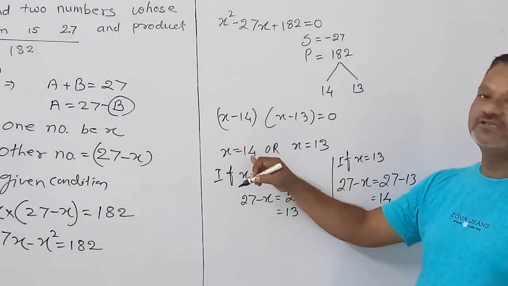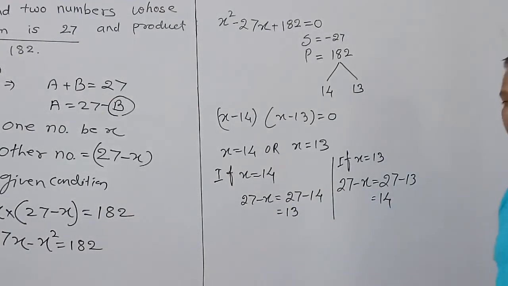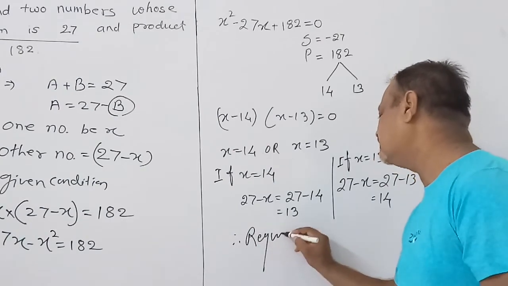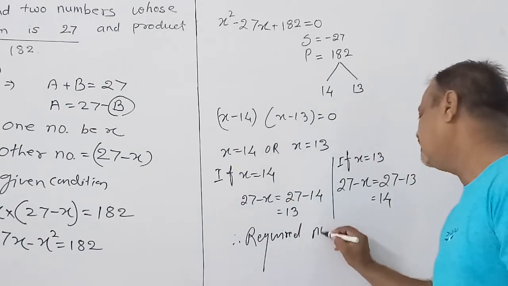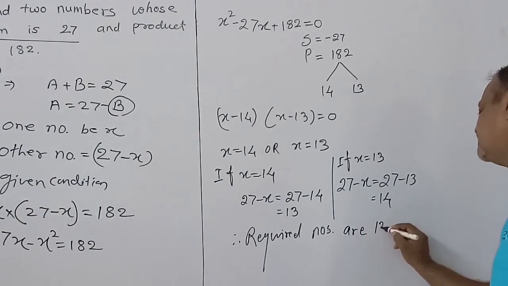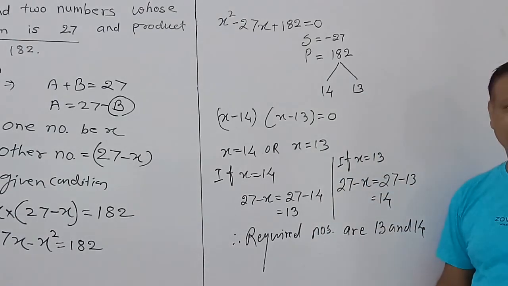Means if we consider x is equal to 14, we get the two values 14 and 13. And if we consider x is equal to 13, then both values are 13 and 14. Therefore the required numbers are 13 and 14 respectively. Got it?